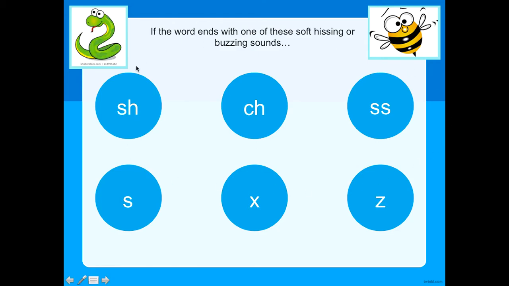These graphemes, when they are used at the end of a word, making those soft hissing and buzzing sounds, when we hear those at the end of a word or see them at the end of a word, we don't just add S, we actually add an E and an S together.